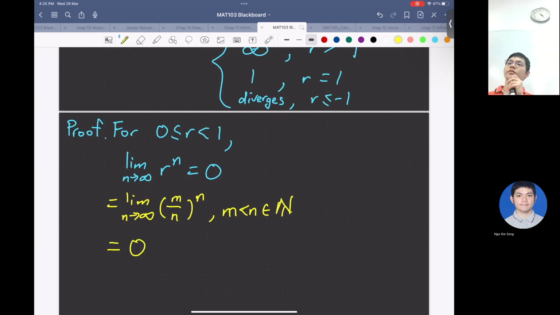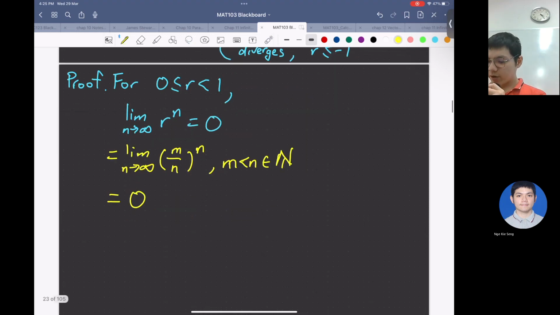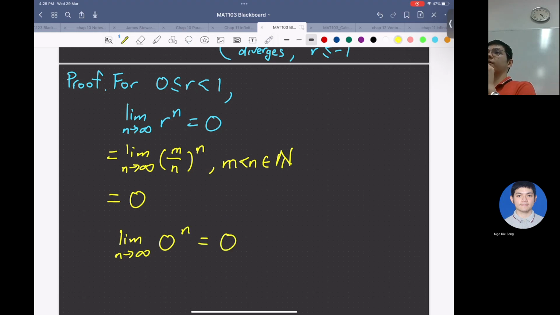If you imagine you're taking 0.1, you square it, you get 0.01. You cube it, 0.001, 0.0001, and then keep going on, and you will approach 0. But for the point 0, it's obvious, right? You get 0.